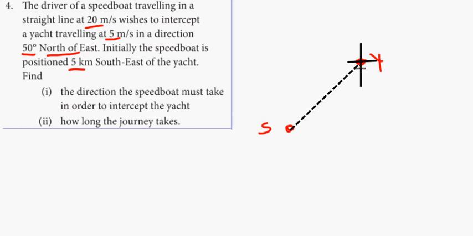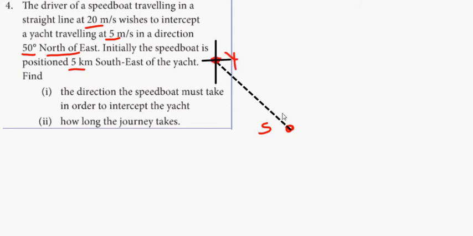Sorry, the speedboat is positioned southeast of the yacht, not southwest. So it's here, and the yacht is located here. So it's southeast.